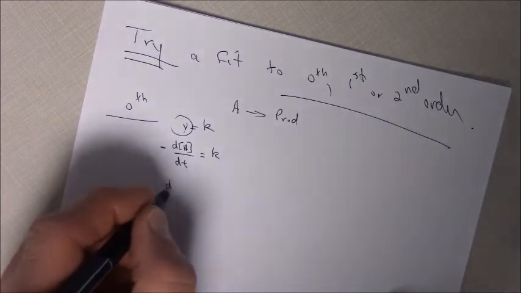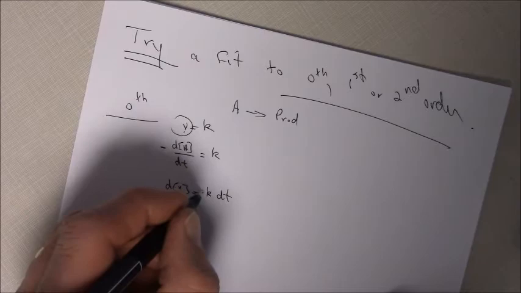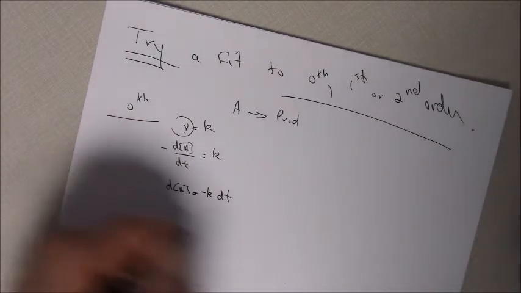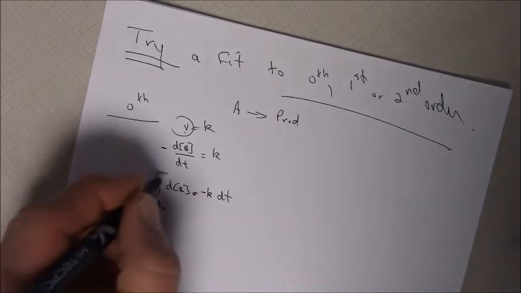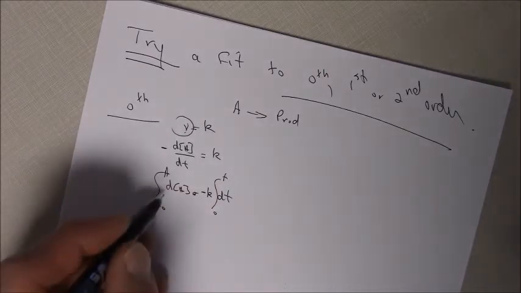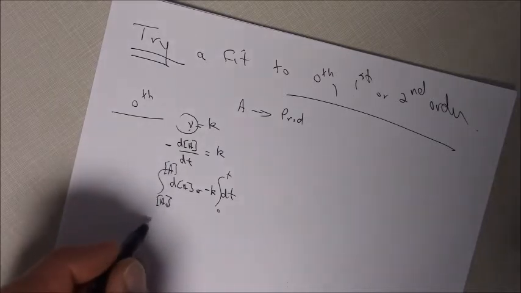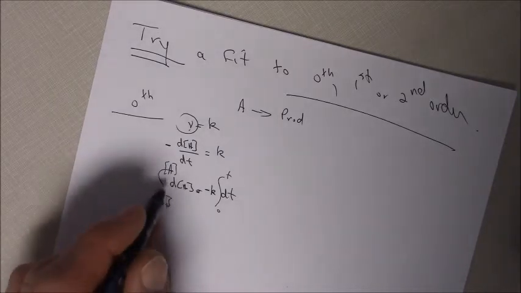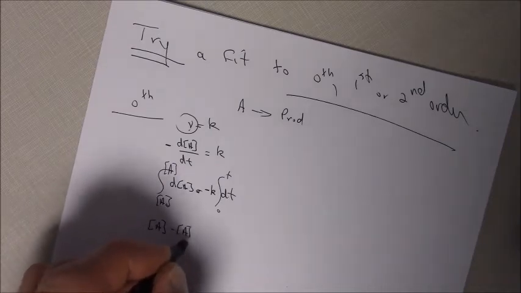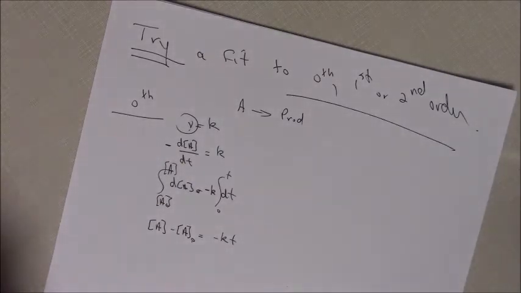So we can isolate this to get -dA = k dt. When you integrate from A naught to A and from 0 to some time, the concentration of A minus the initial concentration A naught equals negative kt.